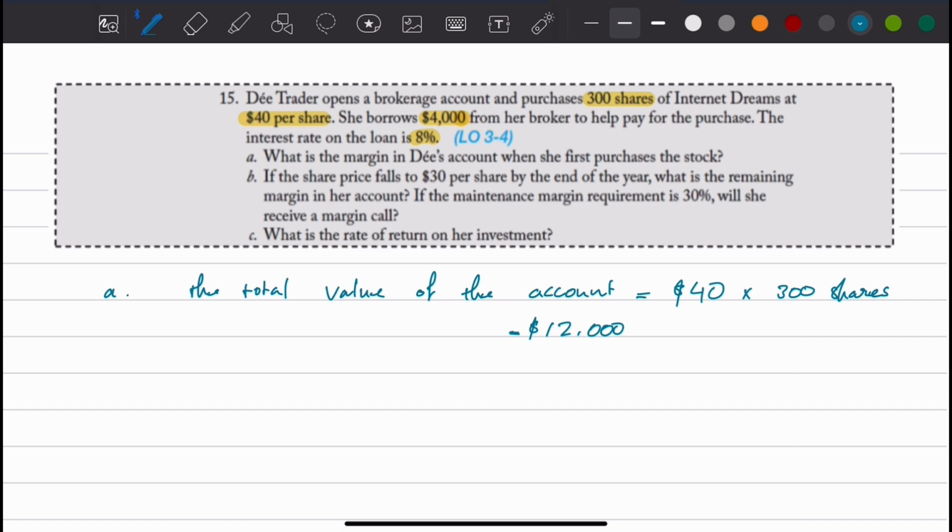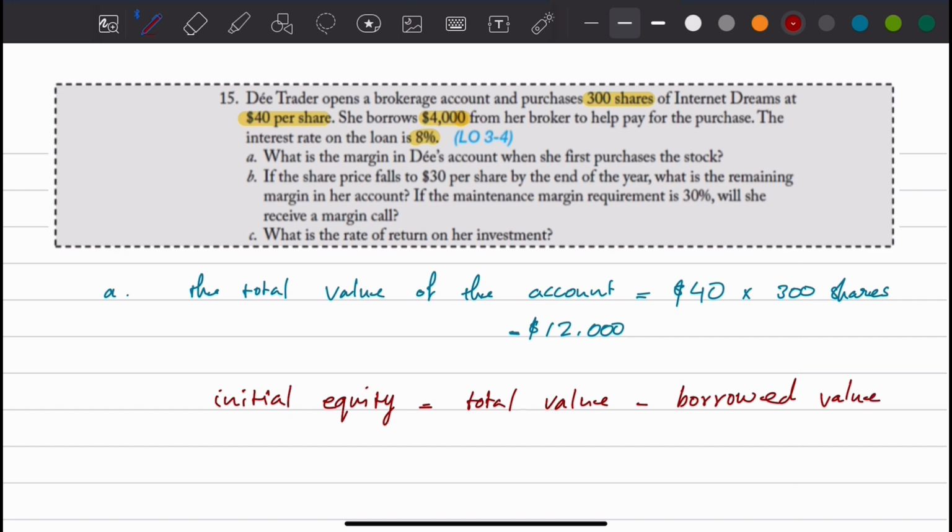So let's write it as a formula first. Initial equity is going to equal total value minus the borrowed value.